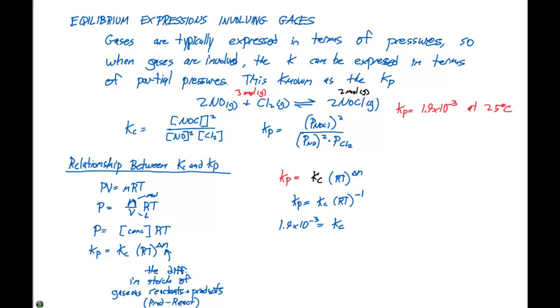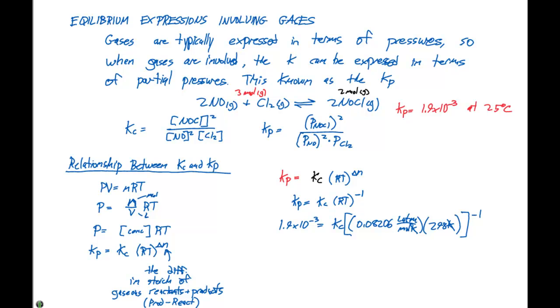That equals the Kc times R, and in this case, remember, we're using the ideal gas equation here, so we have to use the 0.08206 liter atmospheres per mole Kelvin, times the temperature, 25 degrees Celsius. We need to convert this to Kelvin, or 298 K. And all of this right here is going to be raised to the minus 1 power. And our kelvins here are going to cancel.